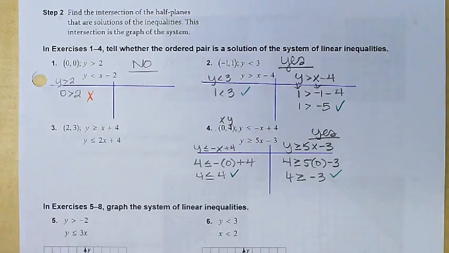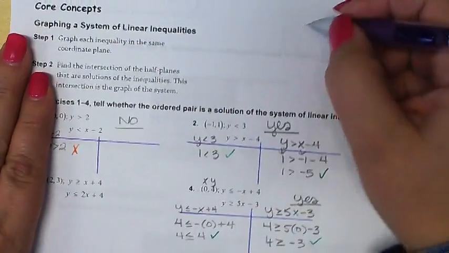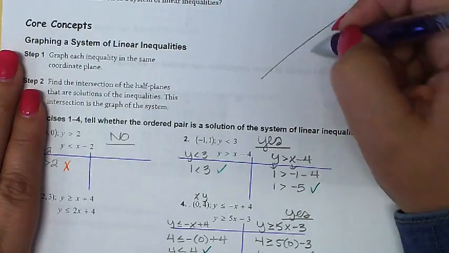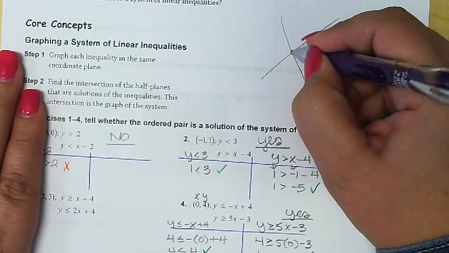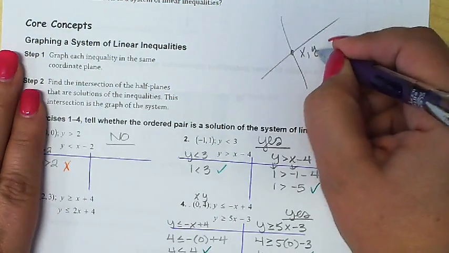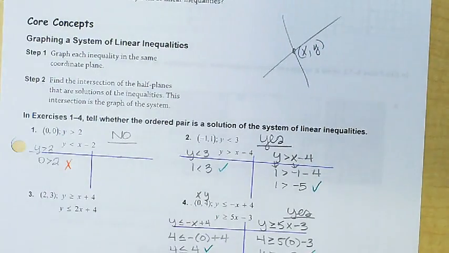Now, what's different, and this is a really fundamental difference, so if you get anything out of this lesson, this is it, right? For our systems of equations, our solution was where the lines intersected, and it was at a single point. So if I graphed, just as a quick review, one line and another line, I had one single ordered pair solution, which was where those lines intersected.